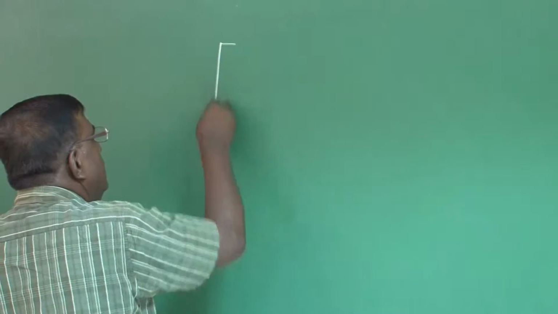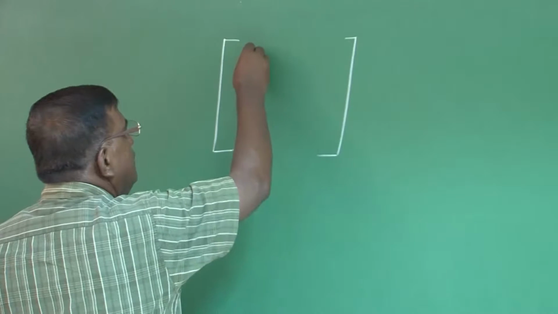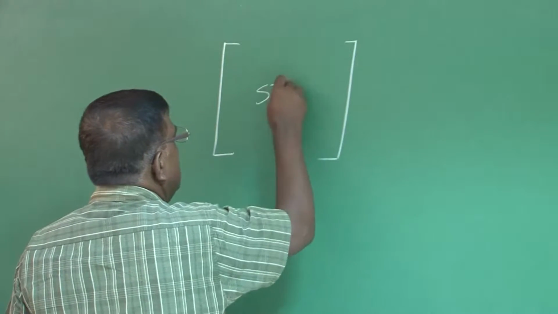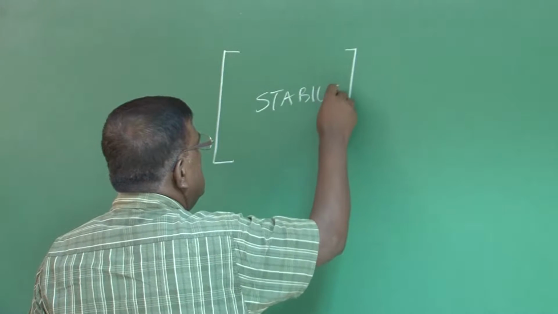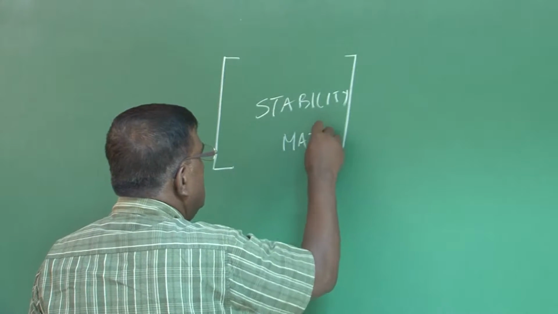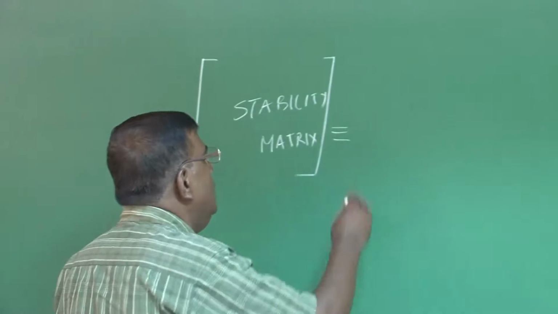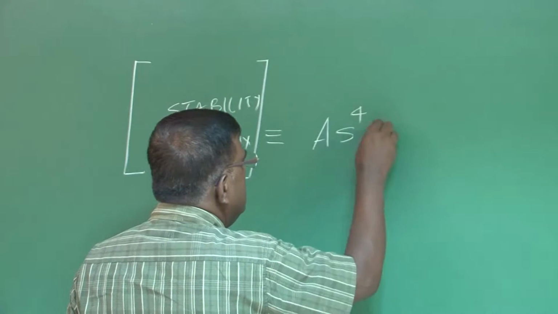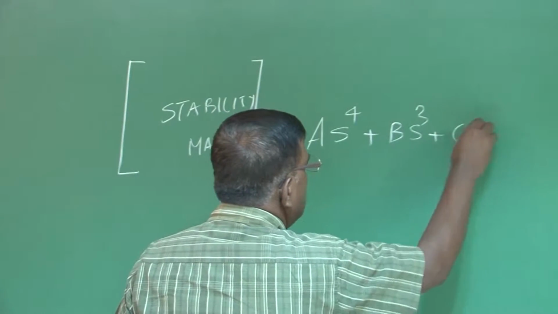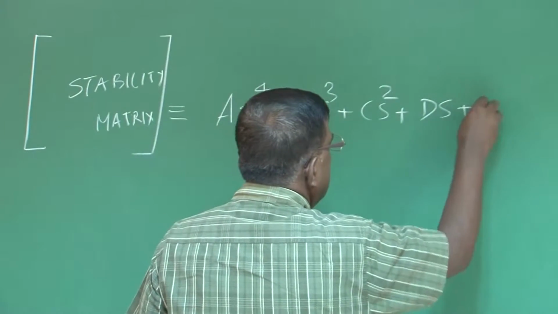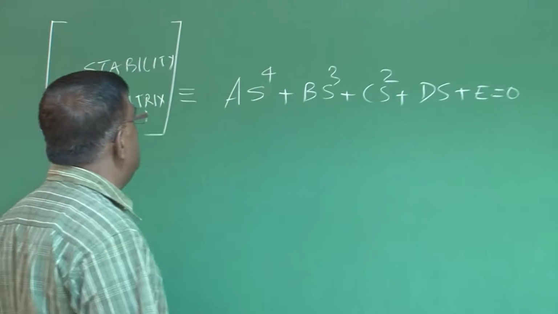Today we will be discussing a very introductory understanding of the stability augmentation system, and the basis is that when we took the determinant of this matrix, which was the stability matrix, and the exact solution, we got an equation of this form: s^4 + Bs^3 + Cs^2 + Ds + E = 0.